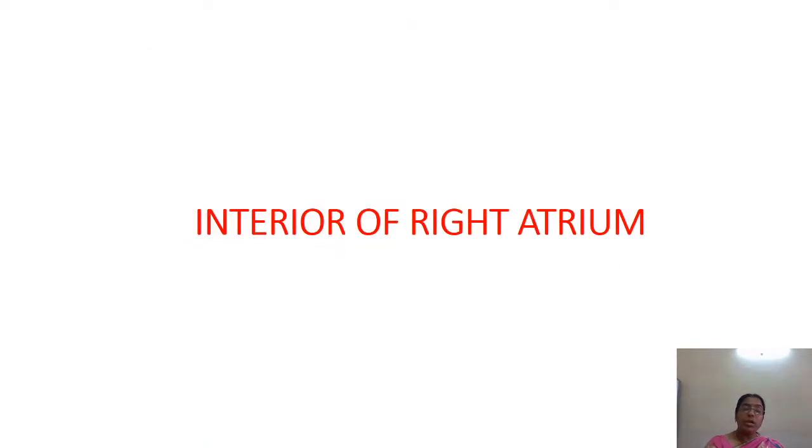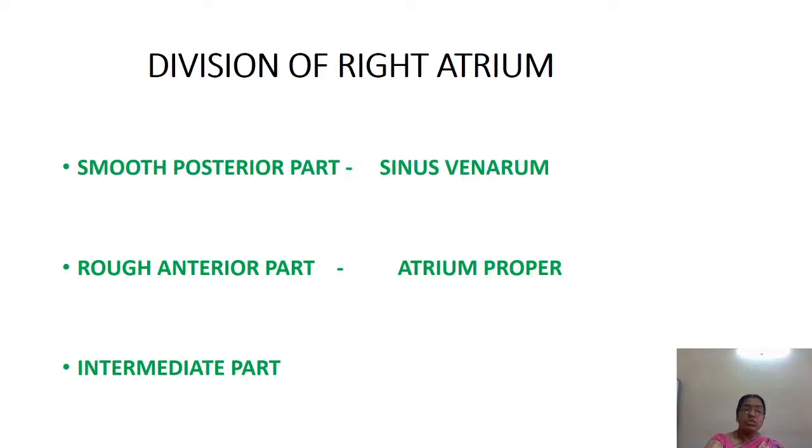Now coming to the interior of the right atrium, when you cut it open, what things can you see inside? You can come across three parts: a smooth posterior part which has developed from the sinus venarum, the rough anterior part which is the atrium proper, and the intermediate part. So these are the three things that you see when you open the interior of the right atrium.